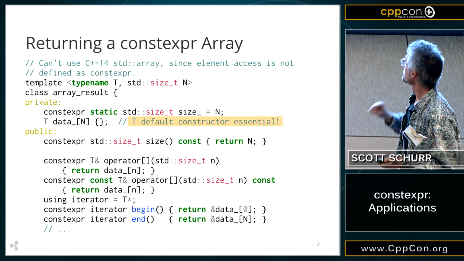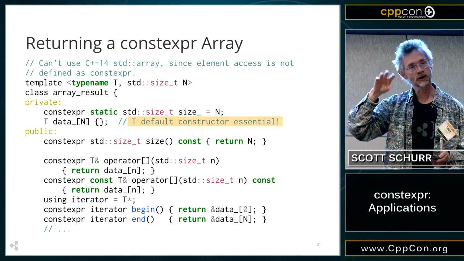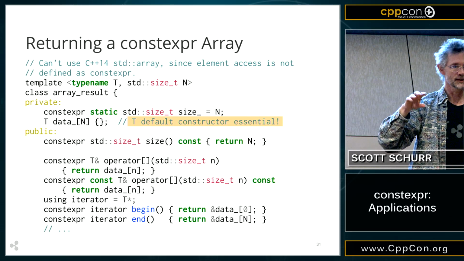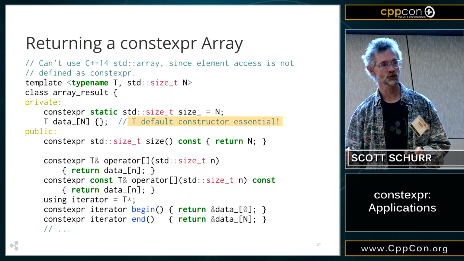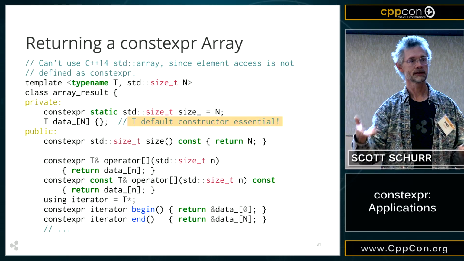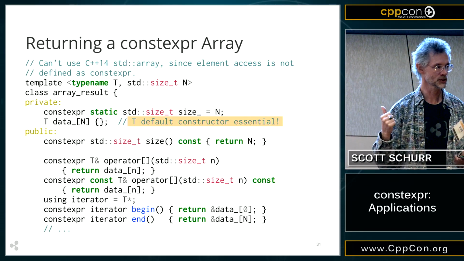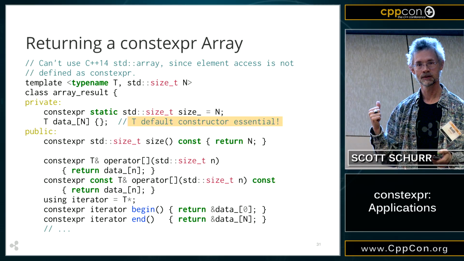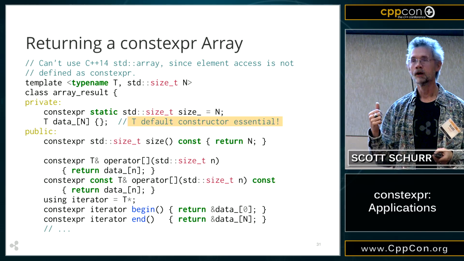So the declaration of T data underscore n is going to default initialize everything in the member data array. If you don't have a default constructor for T, or a basic type like an int, there's no official default constructor, but it will zero initialize because of the braces. Or if you don't initialize the variables inside that constructor.